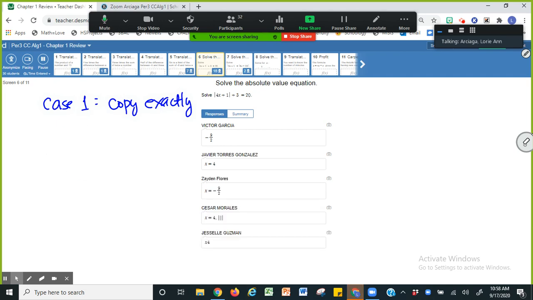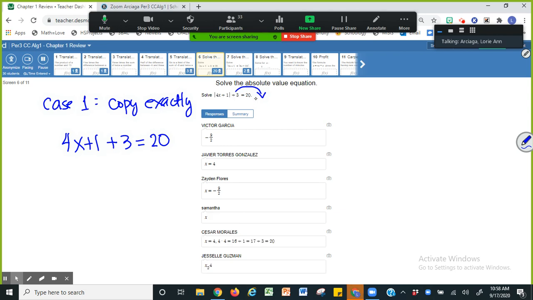Okay. So 4x plus 1. You can also move the 3 over here if you want already. So plus 3 is equal to 20. If you move the 3 over at the beginning, you will have 17.